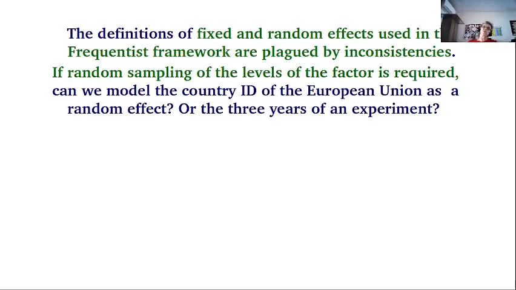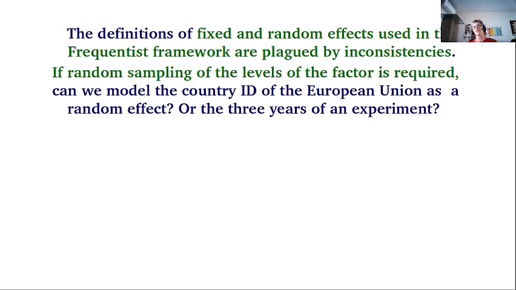So the question arises whether we can model country ID, let's say a categorical explanatory variable with the 25 countries of the European Union, as a random effect. The question arises because obviously we are not sampling countries at random. We are using the 25 countries that there are in the European Union.